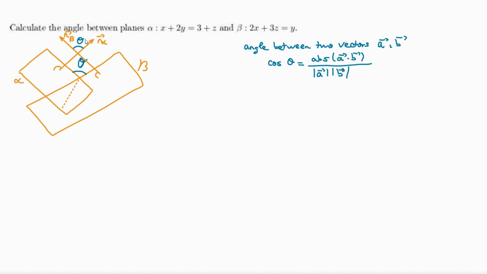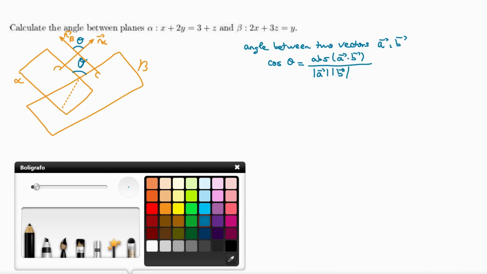So that's essentially what's happening when considering their normal vectors. It's like rotating them 90 degrees, and therefore the angle between the vectors is still theta. So now it's a matter of finding those normal vectors and then using them in the formula placed on the top right corner of the slide.